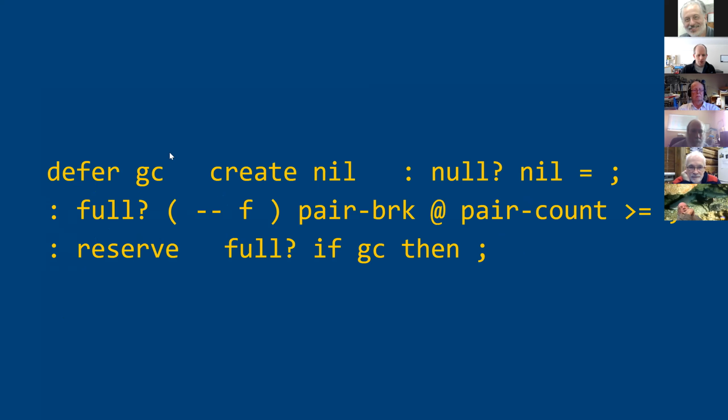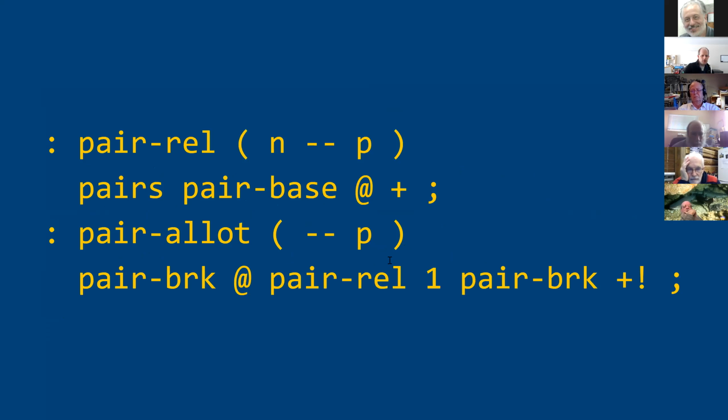we're going to defer the actual collection, and then we'll need this special word for nil and a word to check for nil and those sorts of things. And then we just need to measure if the pair break has reached the capacity of one of these two, the old space or the new space. And every time we try to reserve memory, if things are full, then we do a garbage collect.